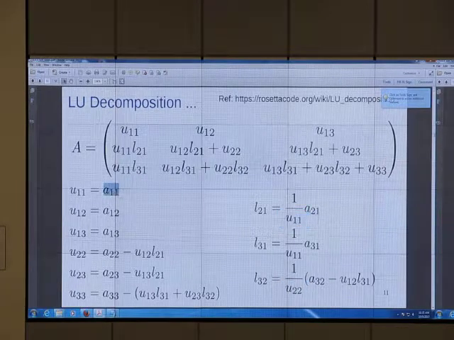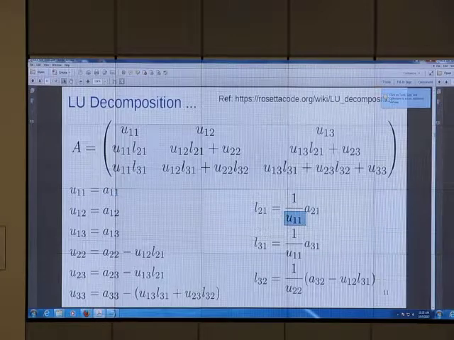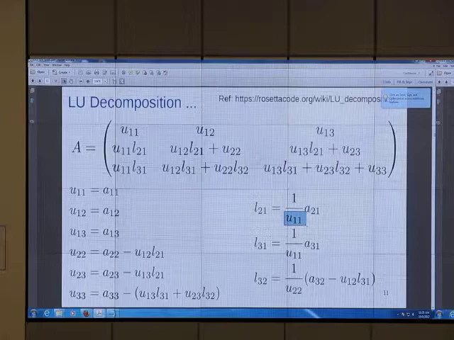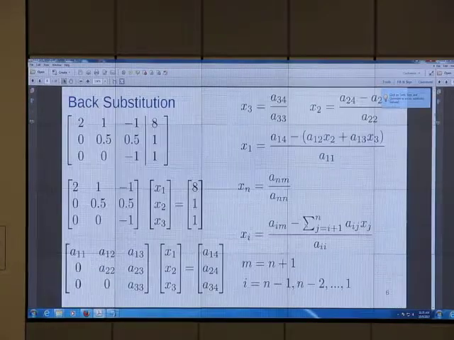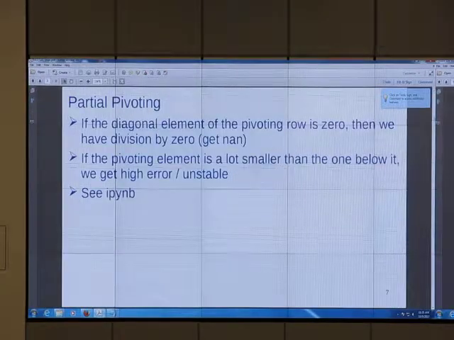U11 equals A11, so dividing by 0, we get not a number, NaN. So you don't want that. So whenever anything in the diagonal goes to 0, we have to switch. When we switch, we can call it multiplying by a permutation matrix.